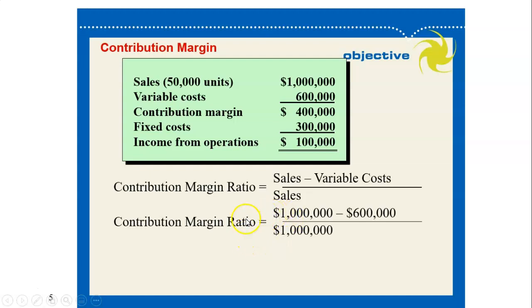Our sales of $1 million minus our variable costs of $600,000 gives us our contribution margin of $400,000. That's our numerator. We divide that $400,000 by sales, which is $1 million, and that gives us 40%. The contribution margin ratio is shown as a percentage.